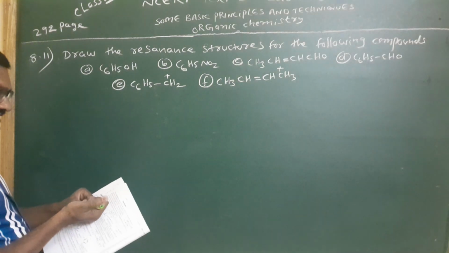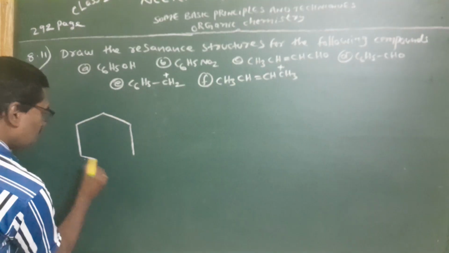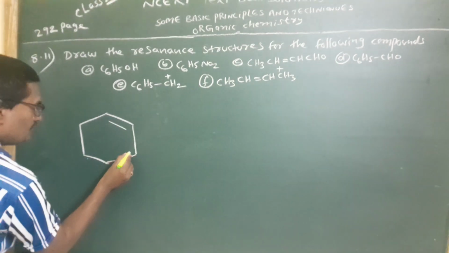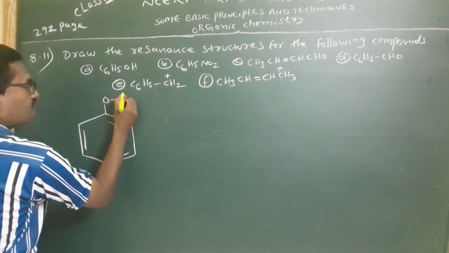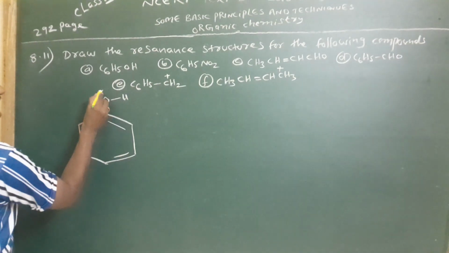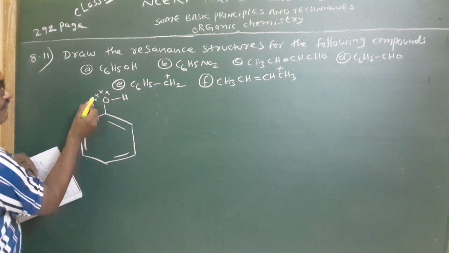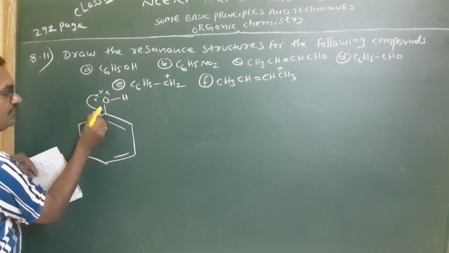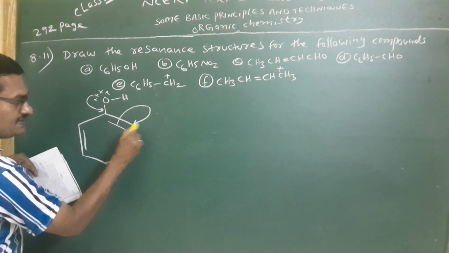So the phenol structure is... it is the phenol. Phenol contains 4 electrons. First these 2 electrons convert into this place, then this pi bond converts into this place.